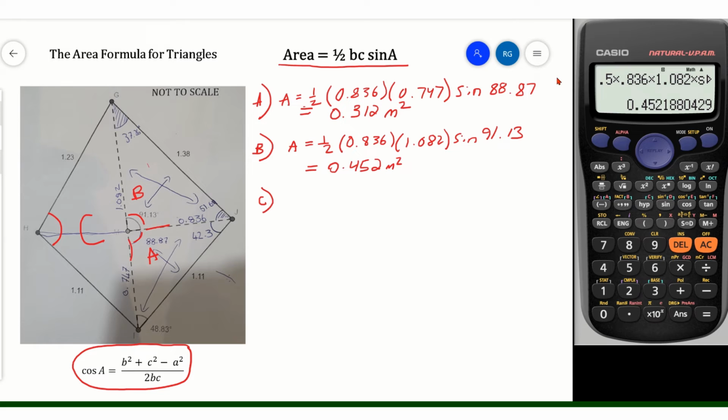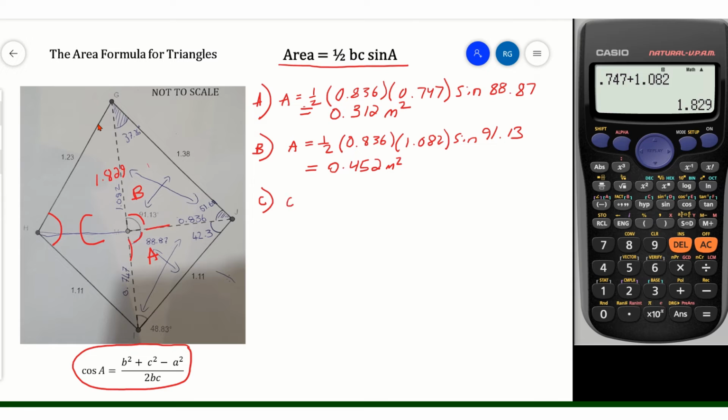Well, let's see what that is. We've got 0.747 and 1.082, and that gives us 1.829. So let's put that down over here. This side is 1.829. And now we're ready to substitute into our formula.